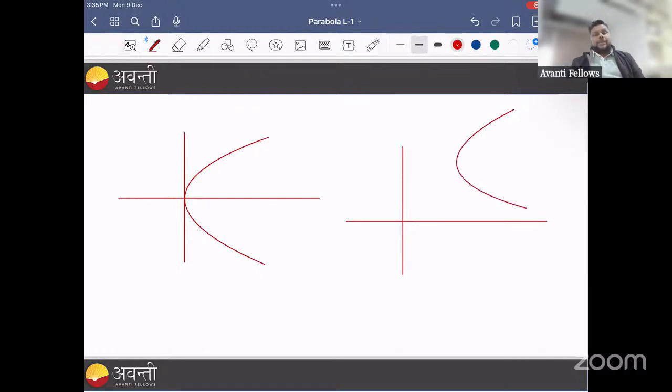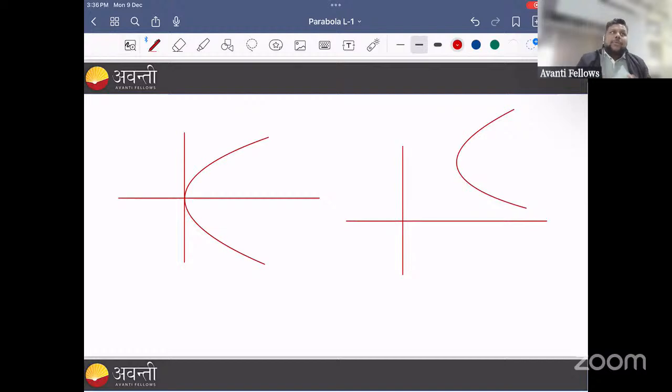Shifting the parabola definitely means coordinate change. If the parabola is shifted by 2 units, coordinates will change accordingly. But does any of the distance change? Latus rectum should change? No. Distance between focus and directrix change? No. So those things do not change even if the parabola is shifting from one place to another.